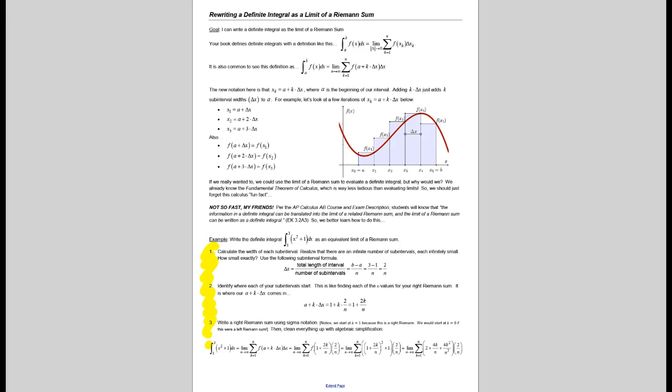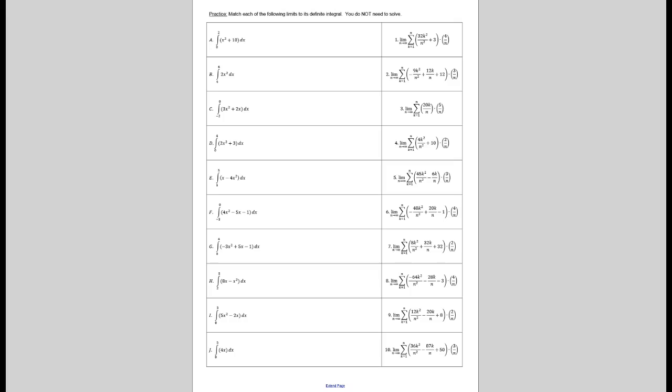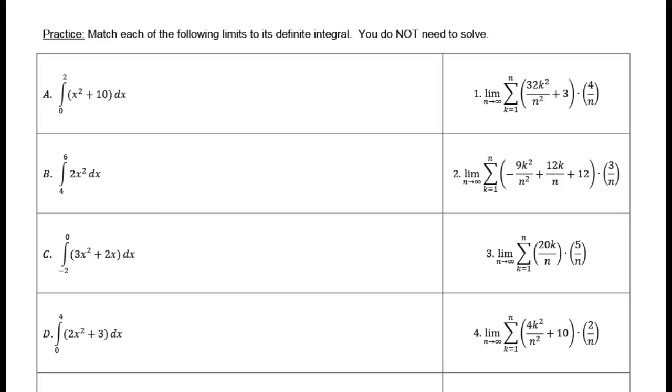Now let's move on. One of the other things you have in addition to this page is a couple sets of problems. There's this one, which says practice: match each of the following limits to its definite integral. So here's a definite integral on the left, and one of the limits in the right hand column matches it.